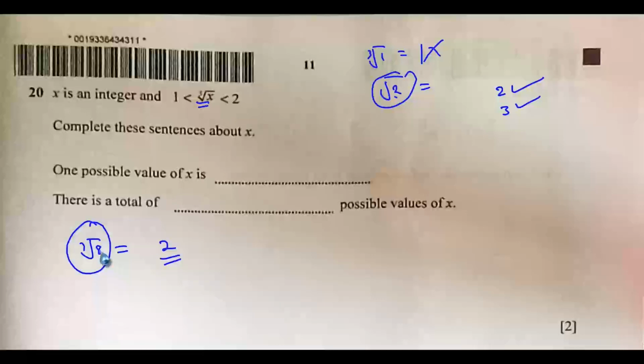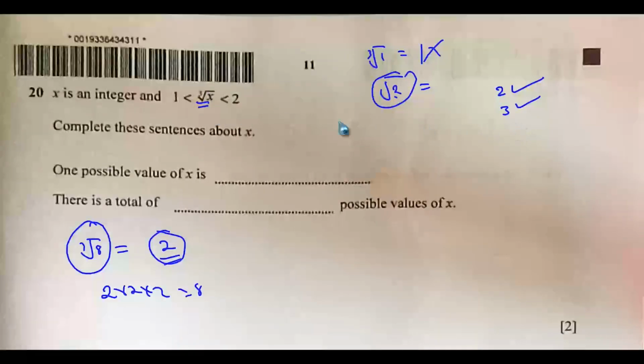Cube root of 8 means a number you multiply by itself 3 times and you get 8. So it's only 2 times 2 times 2 that will give you 8. So cube root of 8 is equal to 2. So cube root of 7 will be less than 2, cube root of 6 will be less than 2, and so on and so forth. So you don't really need your calculator here. Since you know that cube root of 8 is equal to 2, then cube root of any number less than 8 will be less than 2.